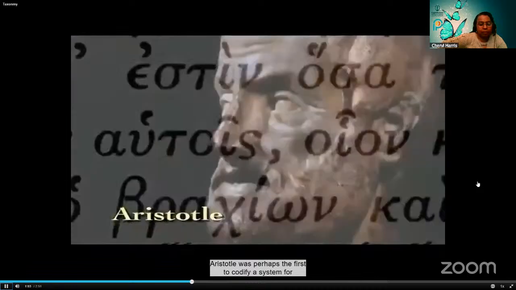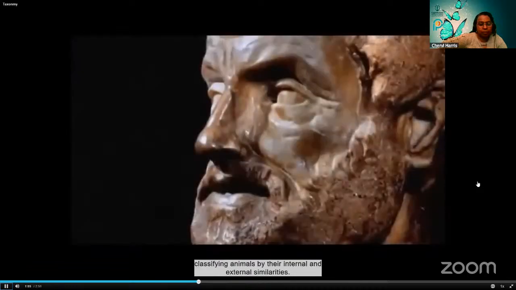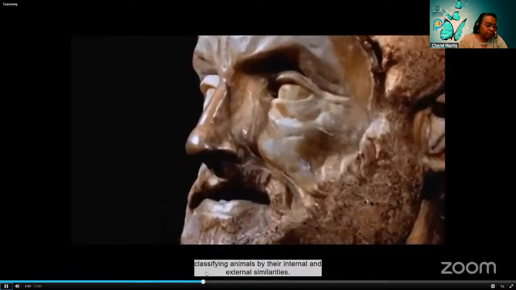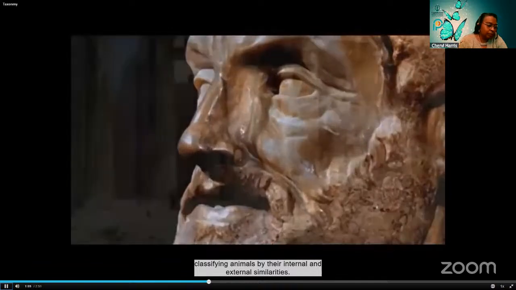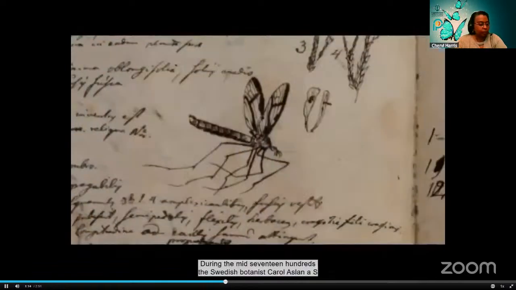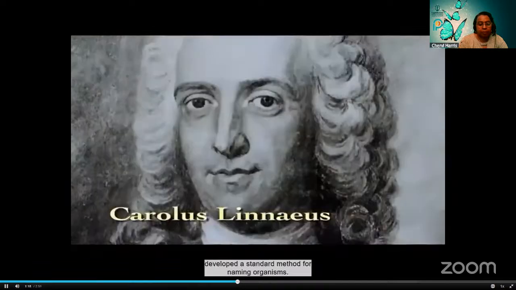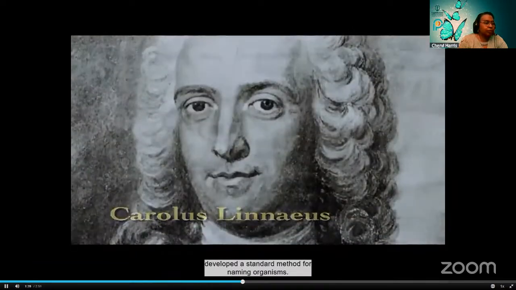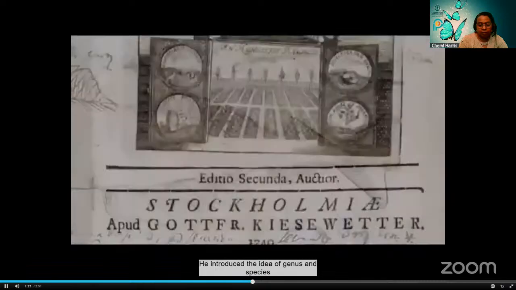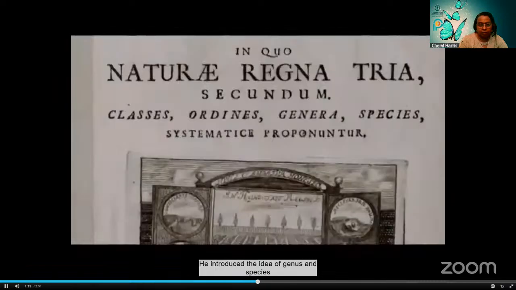Aristotle was perhaps the first to codify a system for classifying animals by their internal and external similarities. During the mid-1700s, the Swedish botanist Carolus Linnaeus developed a standard method for naming organisms. He introduced the idea of genus and species.